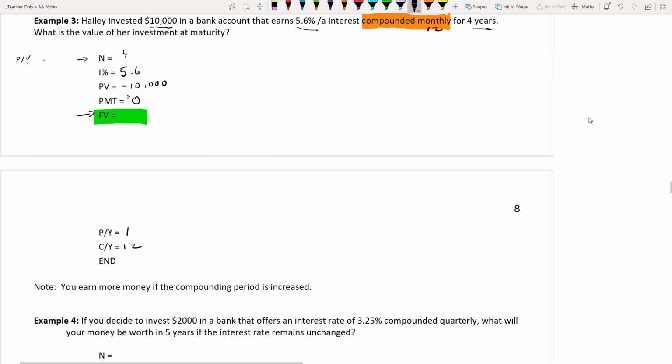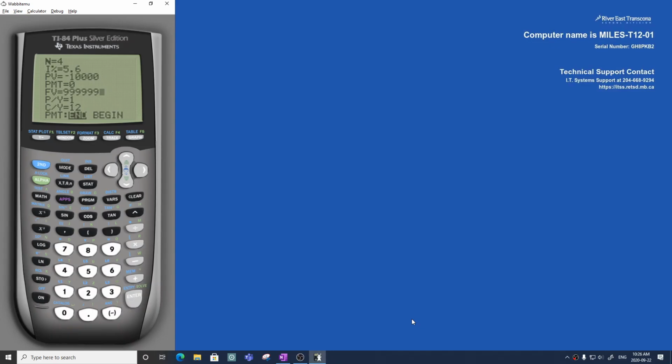So let's type that into the calculator, see what it spits out. Now I've done something a little bit different. I've entered my information as needed. You know what I really don't like? I really don't like when my future value already has a number. I want to avoid confusion.